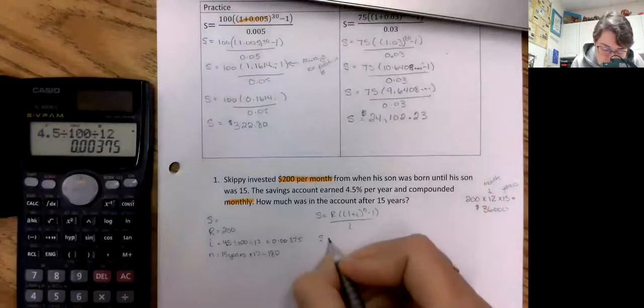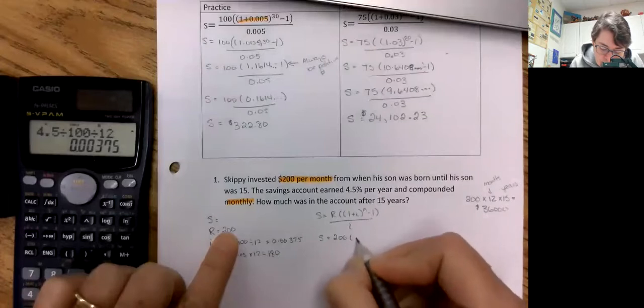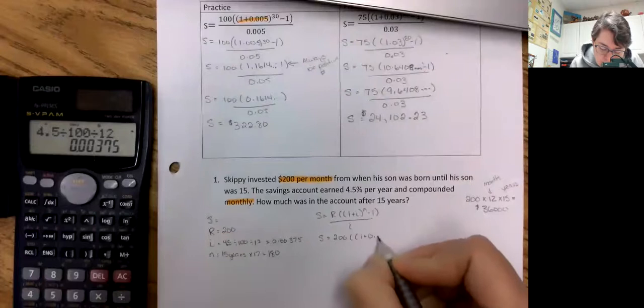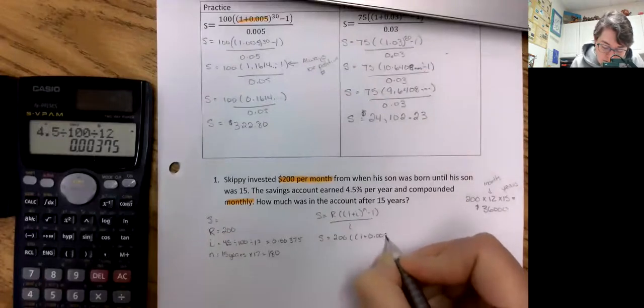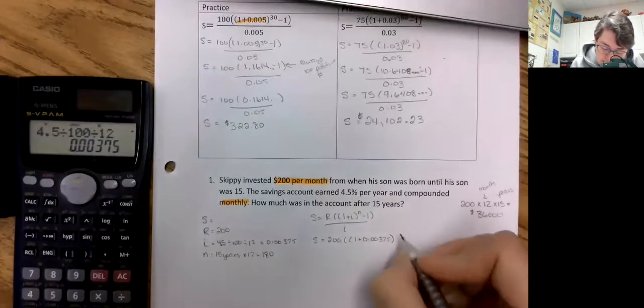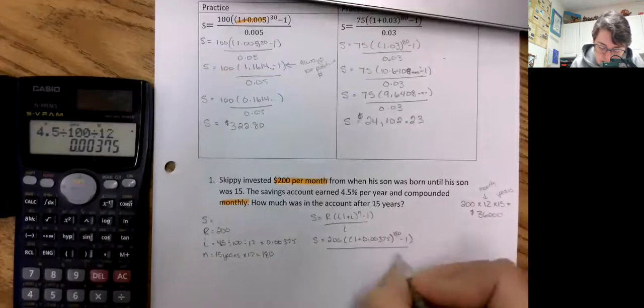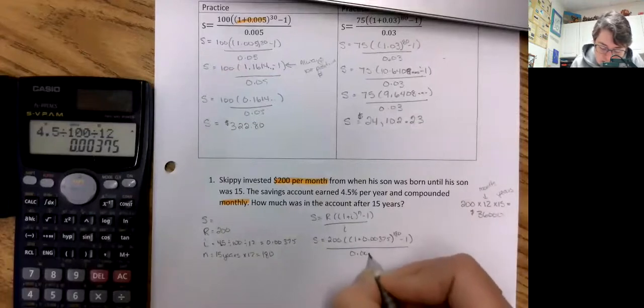So S is equal to my regular payment, 200, times 1 plus 0.00375, our N is 180, minus 1, over 0.00375.